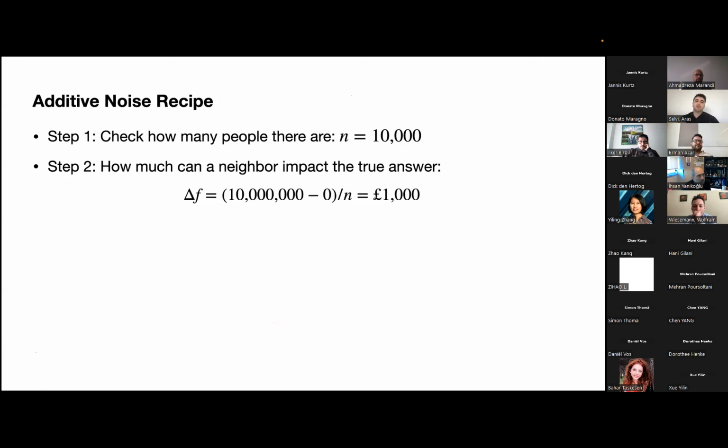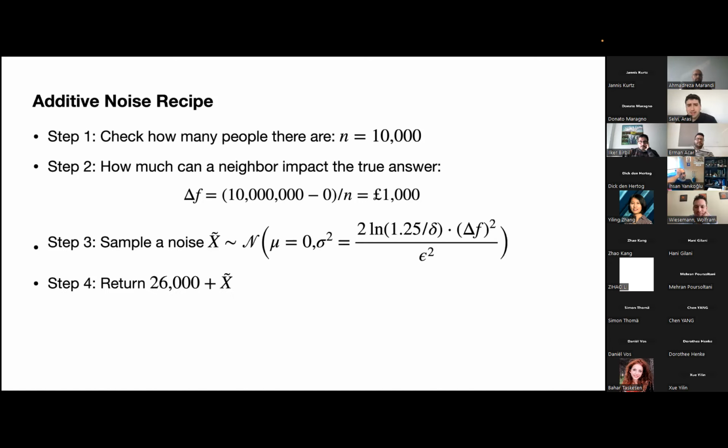So what I do is that I first check number of people in my database, which are between 25 and 45 years old. And the answer is 10,000. And I also see how much the average salary can change. So let's say someone can make at most 10 million a year. And if I divide this by n, 10,000, I have 1,000.